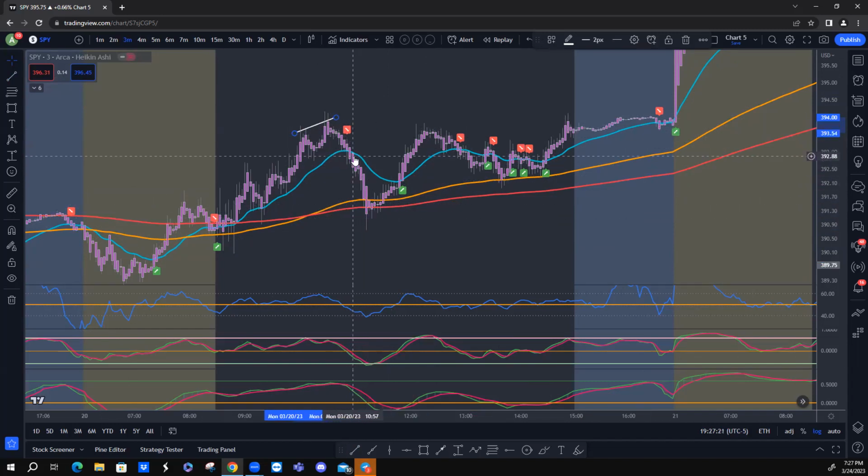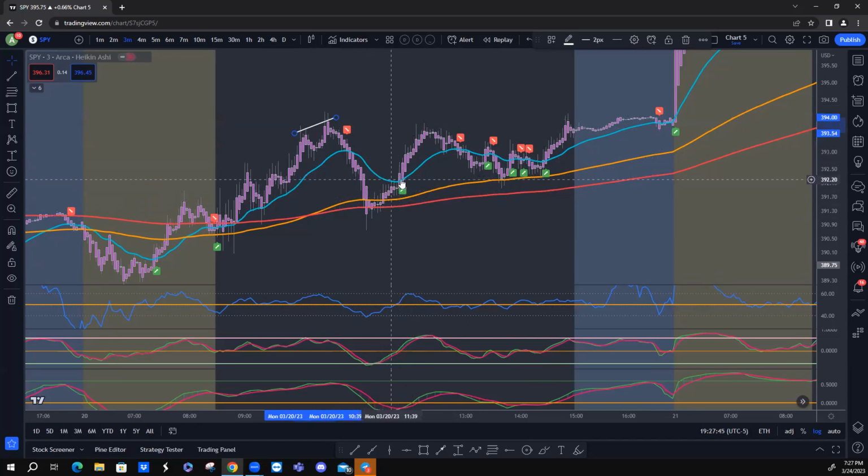I call this the slingshot trade, because there's a teal EMA that reminds me of the rubber band of a slingshot. It pulls back close to the yellow and the red, and then once you get the TO signal, it's like you let go and price shoots out.